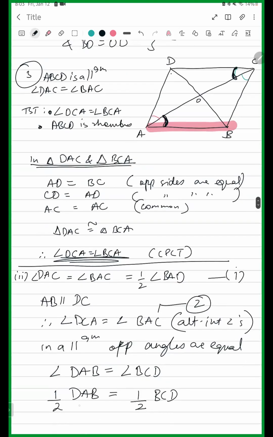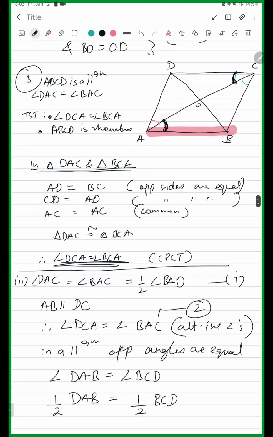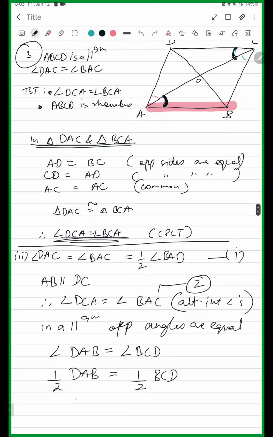Half of angle DAB is this one, or you can say this one as well. You can choose anything over here. So let's choose the below one. Half of angle DAB is angle OAB.